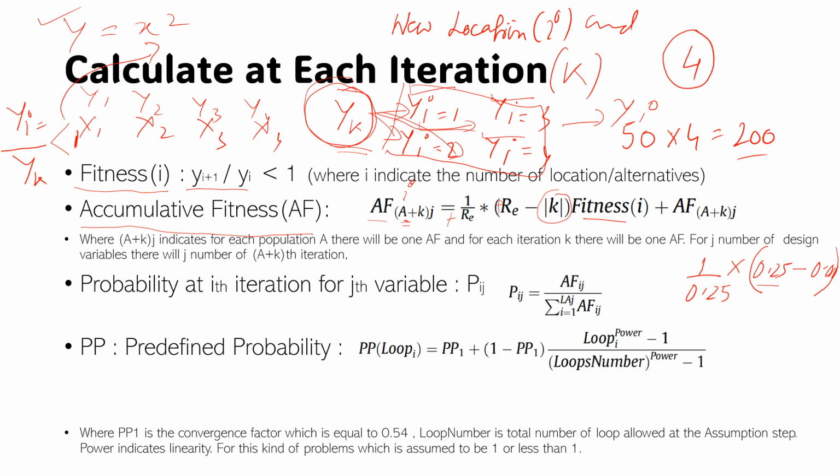I am sorry, this is not the case. For fitness I, for each of the Y will be the value of the Y. Let me again mention this. So for I equal to 1, the value of Y for x1 will be fitness I. Correct?